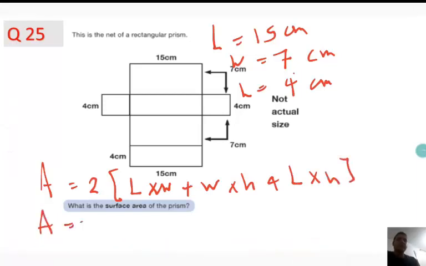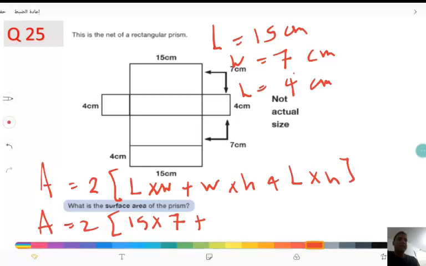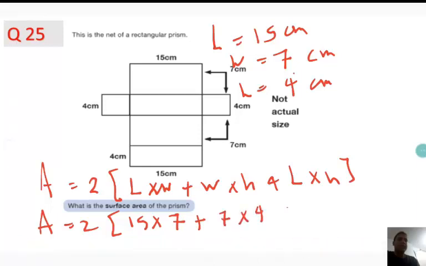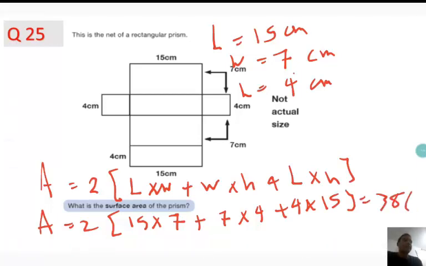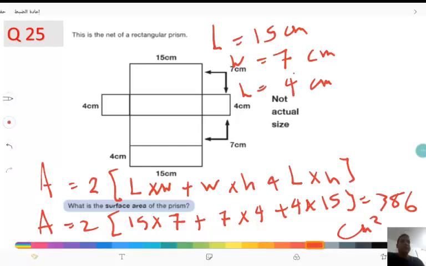The surface area equals 2 times 15 times 7 plus 7 times 4 plus 4 times 15, which is 386 centimeters squared. This is the surface area of this rectangular prism.